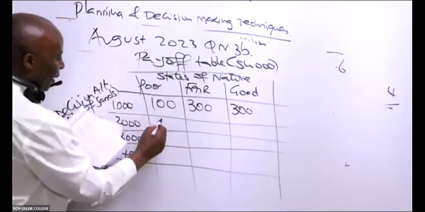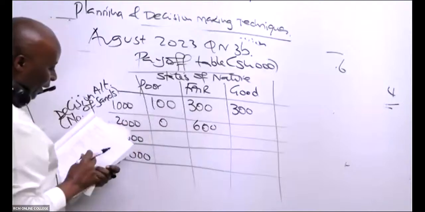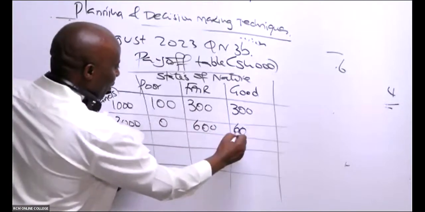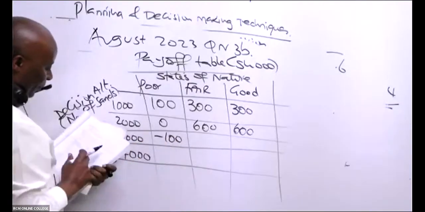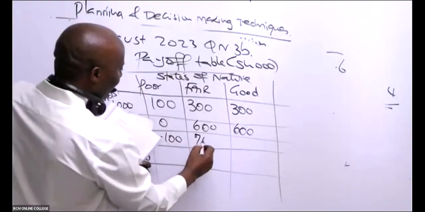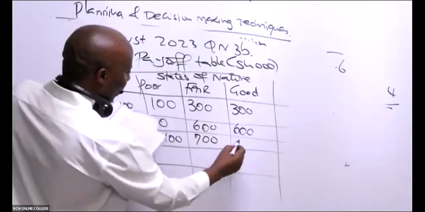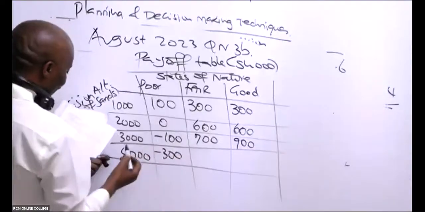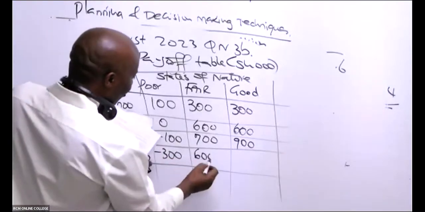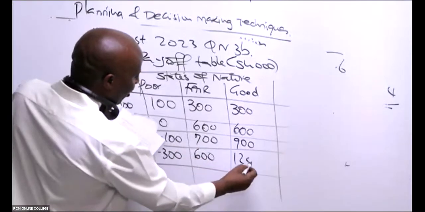The fourth one is 0, 600. In thousands, remember, 600. And then we have negative 100, 700. After 700, we have 900. After that, we have minus 300, 600.